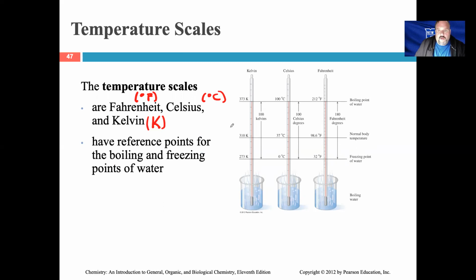In terms of the difference between Celsius and Kelvin, Celsius and Fahrenheit, Kelvin and Fahrenheit, look over here. Celsius 0, Kelvin 273: 273 difference. Celsius 37, Kelvin 310: 273 degree difference. Celsius 100, Kelvin 373: 273 difference.